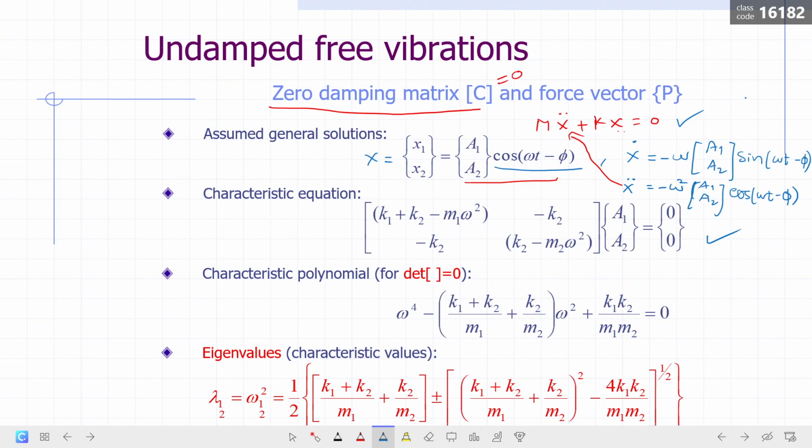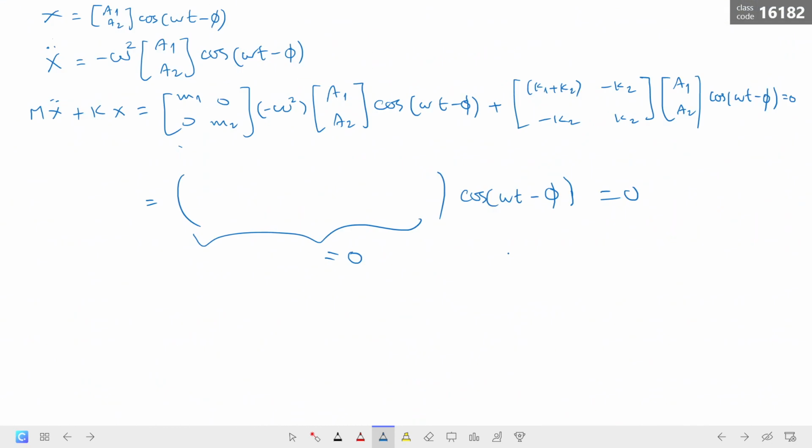So do you have any idea? So this say characteristic polynomial, set the determinant to be 0. So why? I can review a little bit. Let me just call this matrix capital calligraph like this.